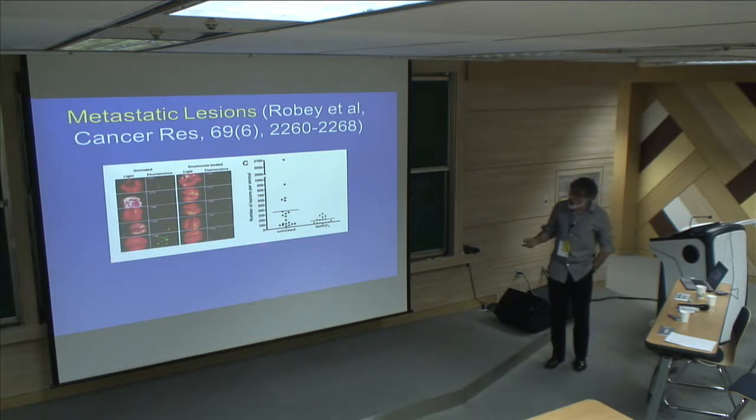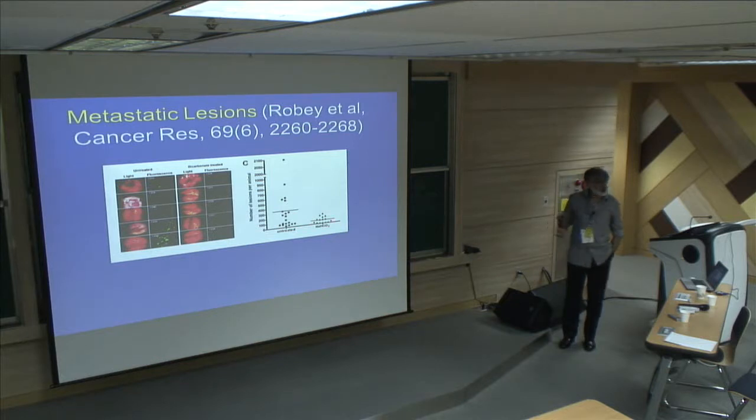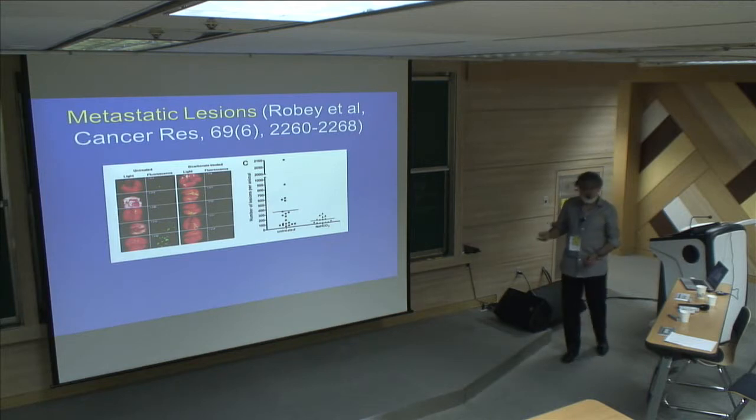What you can see here is the untreated metastasis levels are here, with the mean here, and the treated ones are here with a mean a lot lower. Obviously the treatment doesn't totally stop the invasion occurring, because we would expect that there are many contributions to invasion, and this is just one of them.